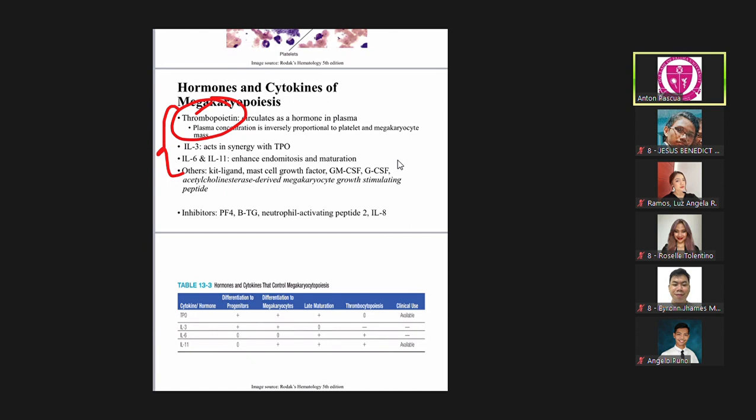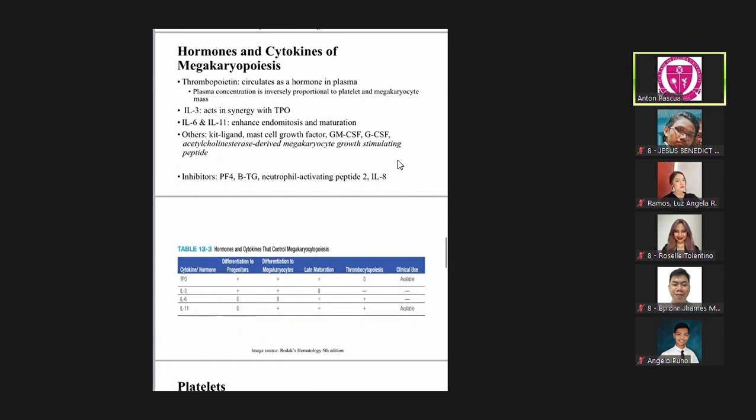Okay? Then you also have interleukins, yan, especially si interleukin 3. Yan, common naman yan generally in hematopoiesis, whether it's red cell, white cell, or platelets. So interleukin 3, which acts in synergy with thrombopoietin for the differentiation of your cells. You also have interleukin 6 and interleukin 11, which acts in the presence of TPO.